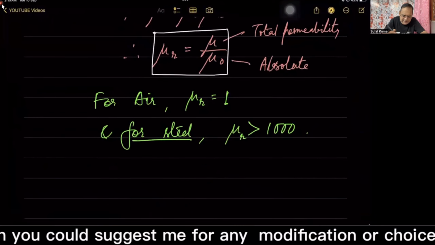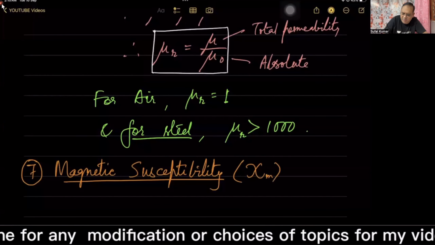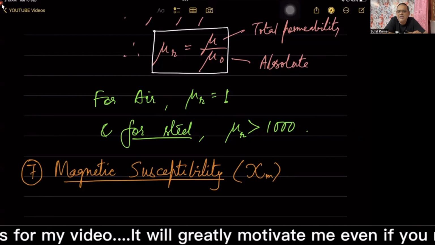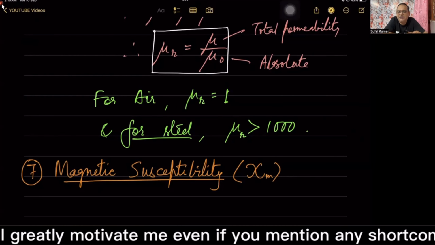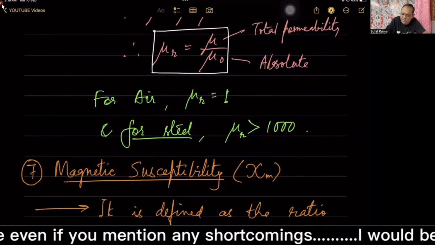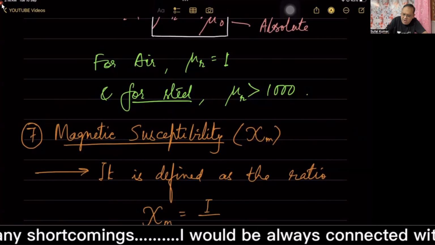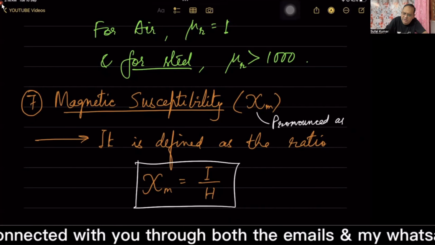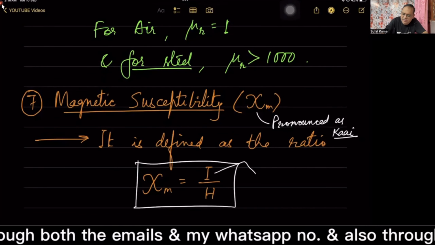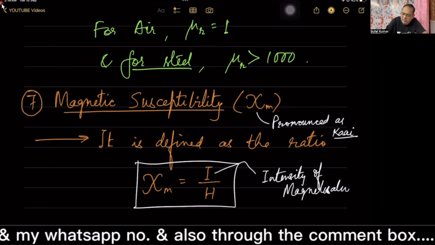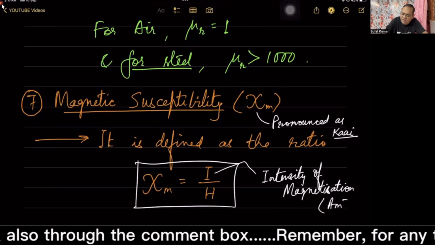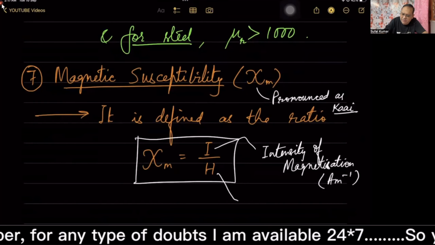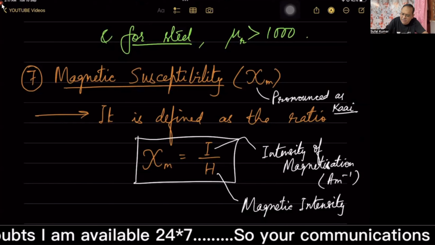Last one, 7, chi m. It is defined as the ratio of I and H. That's why this is also a dimensionless number. Ratio I by H. Chi, pronounced as chi. This is intensity of magnetization, ampere per meter, and H is magnetic intensity.